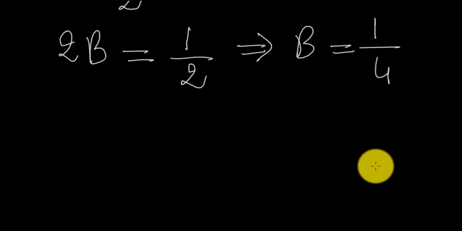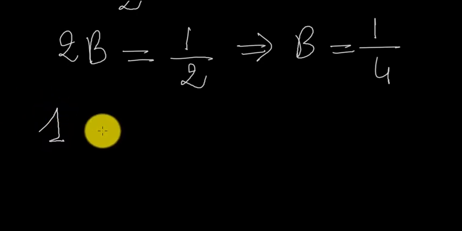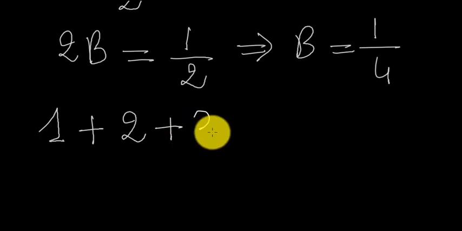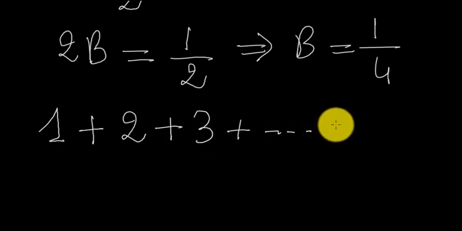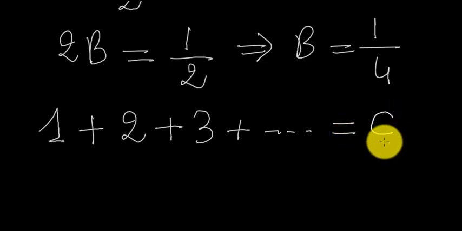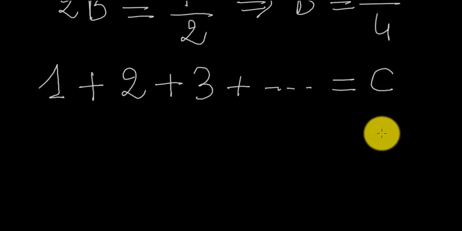And now we go right away to our last sum, which is 1 plus 2 plus 3 going on, and we assume that we can assign a value c for this one. We don't know what c will be, but we make the hypothesis that we're going to assign c for this one.